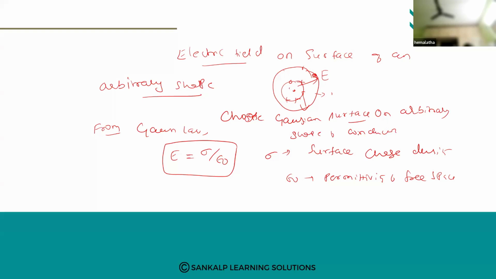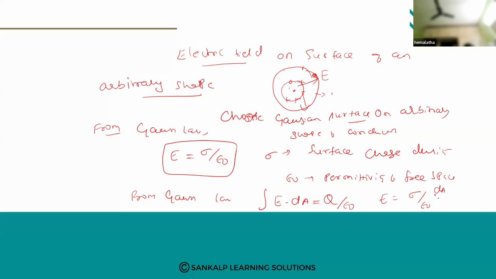What is the total charge enclosed? From Gauss law, we can write the integral of E into dA is equal to Q by epsilon naught. Correct or not? E into A is nothing but sigma by epsilon naught into dA.